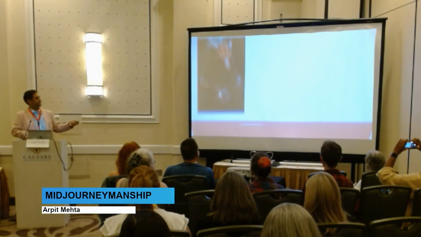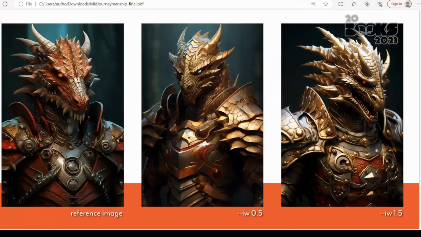So what we're going to do is use that original dragon. So there's the original dragon. I used the URL and put that in gold armor at 0.5.